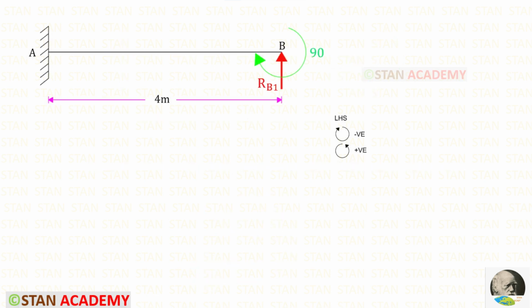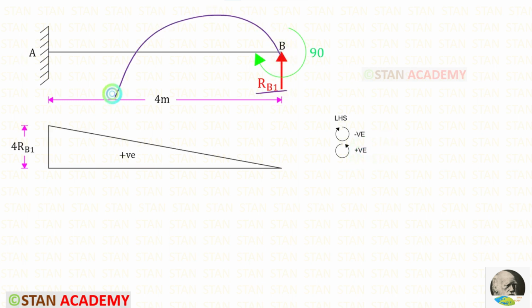Now from the point B and about the point A, we are going to find the moments and draw the bending moment diagrams. In this case, we have to follow the left hand side rule. Clockwise will be negative and anti-clockwise will be positive. RB1 is acting in the anti-clockwise direction so that it will be positive and the distance is 4.